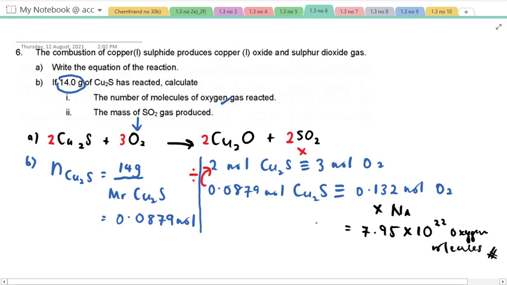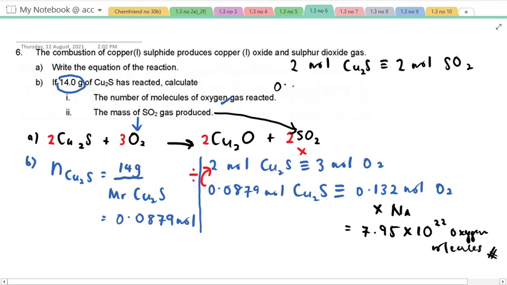Then next is to find the mass of SO2 gas produced. Again, you have to write the proportion: 2 mole of copper 1 sulfide produces also 2 mole of SO2, the same mole, both 2.